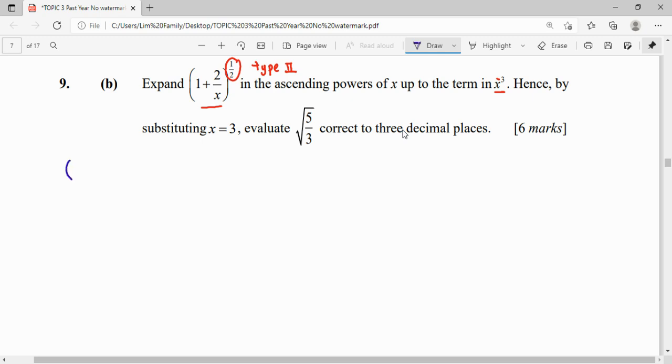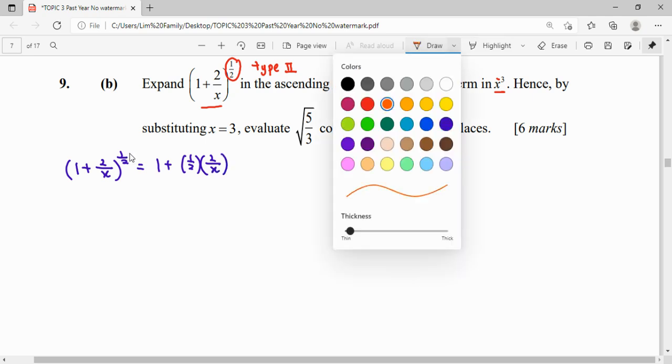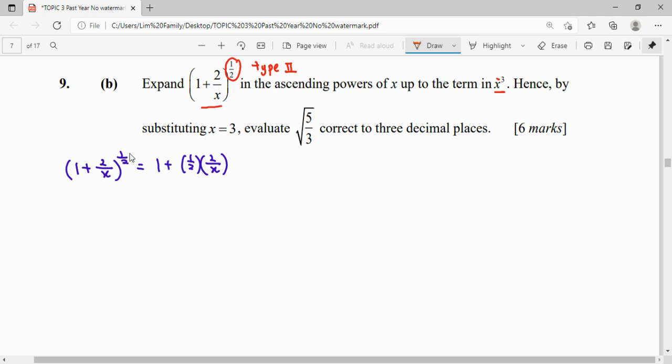So write our binomial here, which is 1 plus 2x power of 1 over 2. When we want to expand using type 2, make sure it is starting with 1 and the power is not a positive integer. So our formula will be 1 plus n, where our n is 1 over 2 and the thing we want to expand here is 2 over x. I can remind you, when you want to expand using formula type 2, we need to find out what our n is.